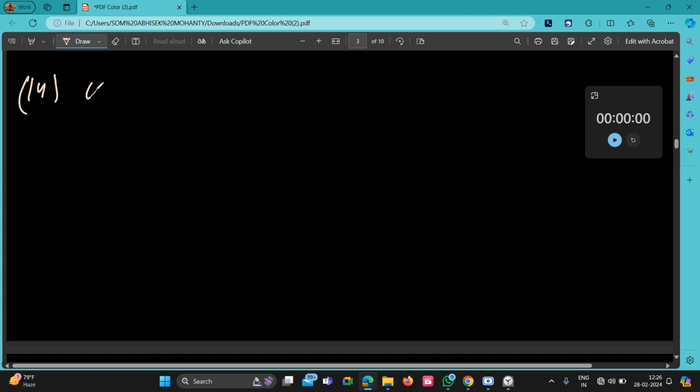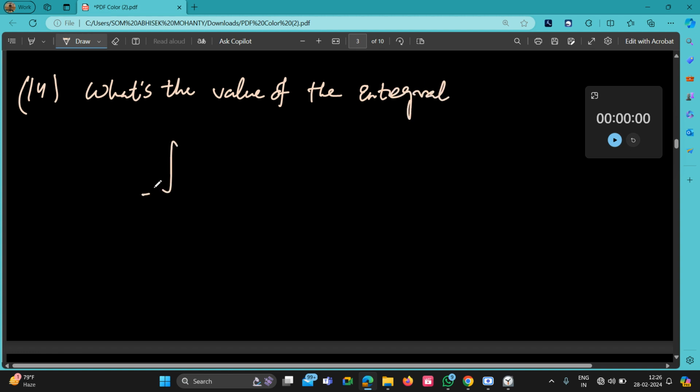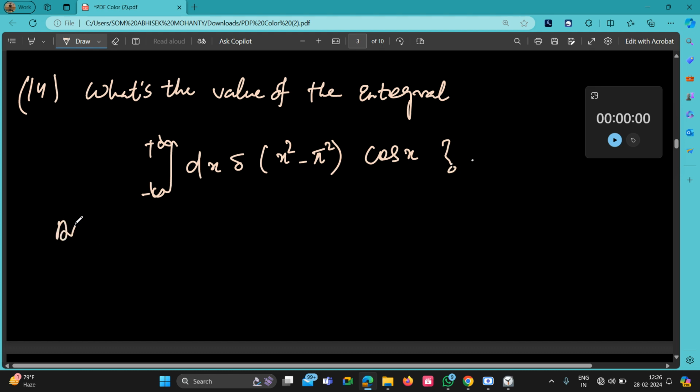What is the value of the integral? Integration from minus infinity to plus infinity of dx delta(x square minus pi square) cos x. Okay, let's try this question.